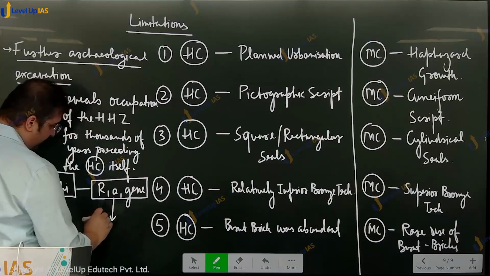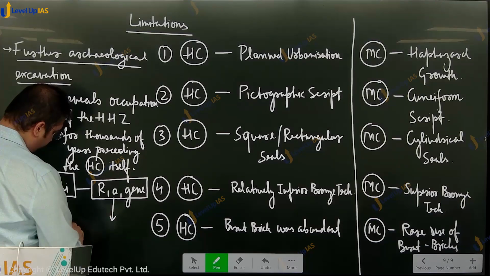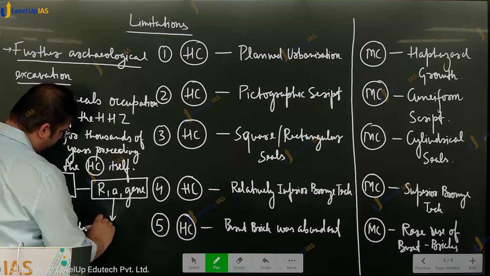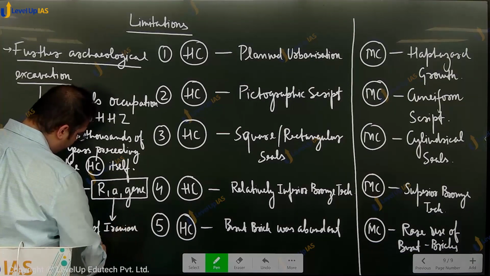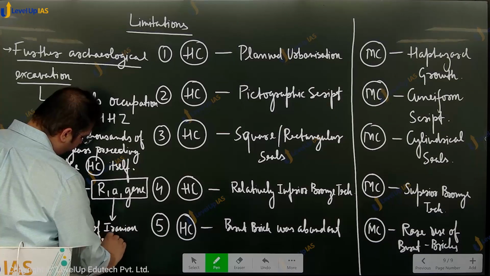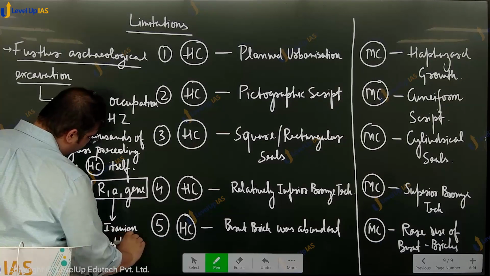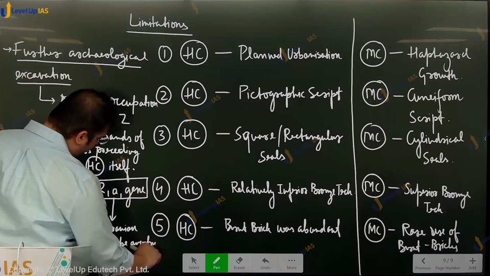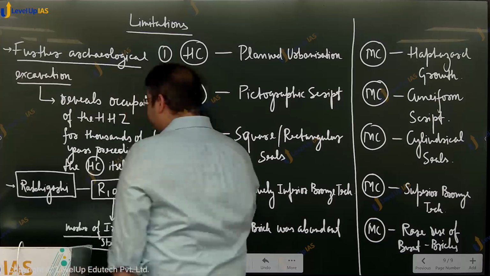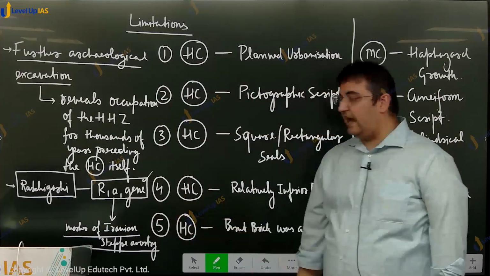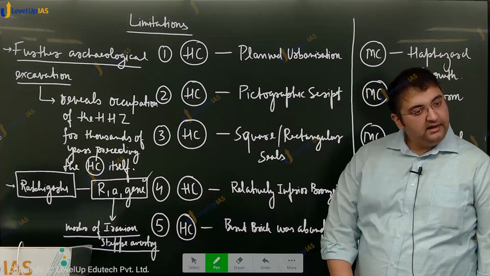So it is a marker of Iranian steppe ancestry. And was this gene found from the skeletons at Rakhigarhi? Nahi mila.